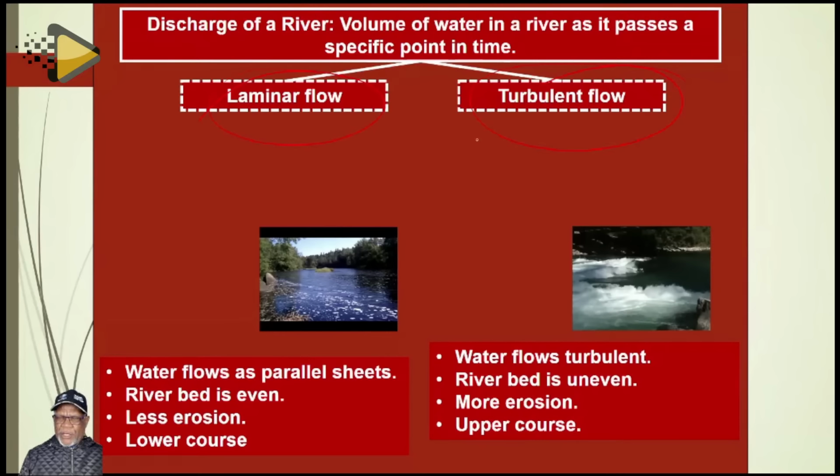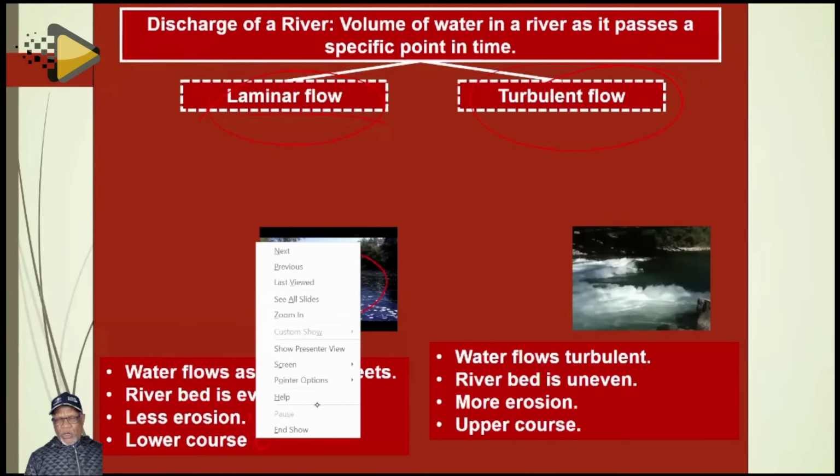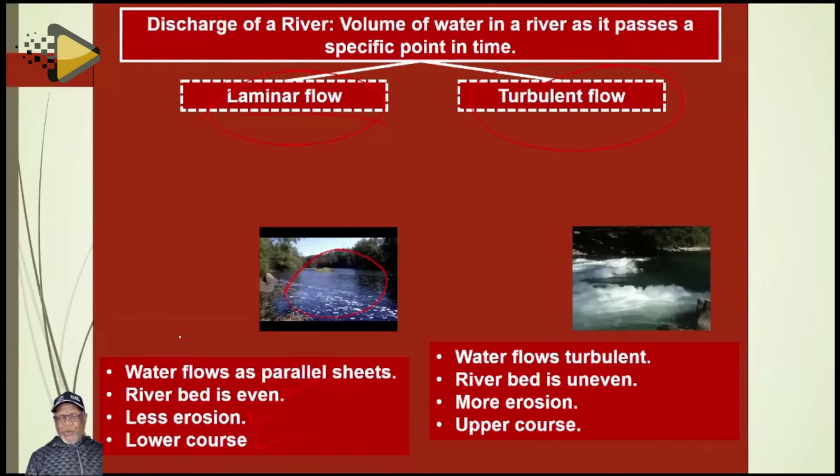When a river flows on an even surface, in the lower course, it flows in a characteristic called laminar flow, where water flows as parallel sheets, as you can see in the diagram here, and the riverbed is even or smooth, and there is less erosion, and it occurs mainly in the lower course of the river. So at this stage, you can say the river is graded.